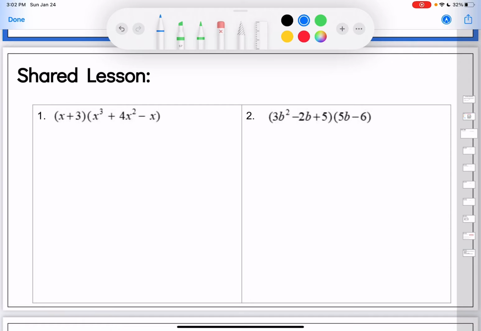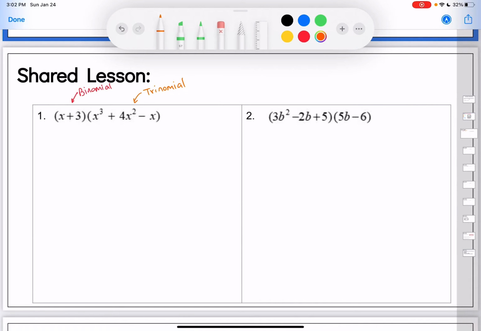So today we're going to distribute again, but I'm not just going to have one monomial on the outside. So notice on this one, I have a binomial times a trinomial. Now I want to take everything in that first binomial and multiply it by everything in the second trinomial. When I just had a monomial out front, one thing, I took that one thing and multiplied it by everything in the other parentheses.